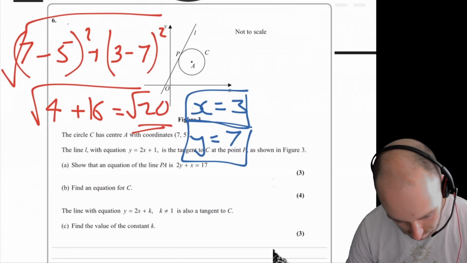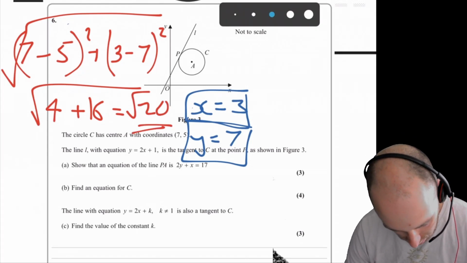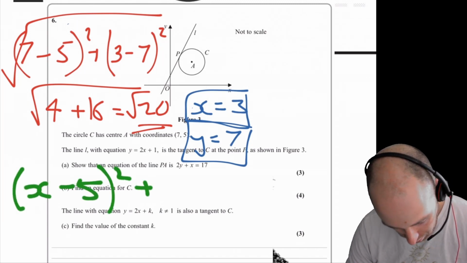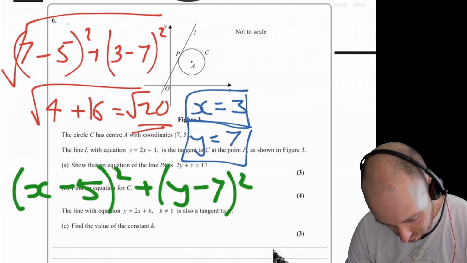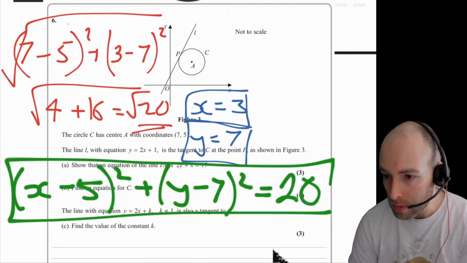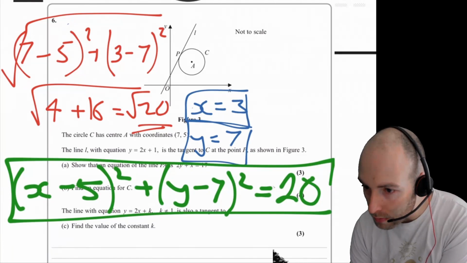So my radius is root 20, so my circle equation is going to be x take 5 squared plus y take 7 squared equals 20, which is what you guys put. Good.